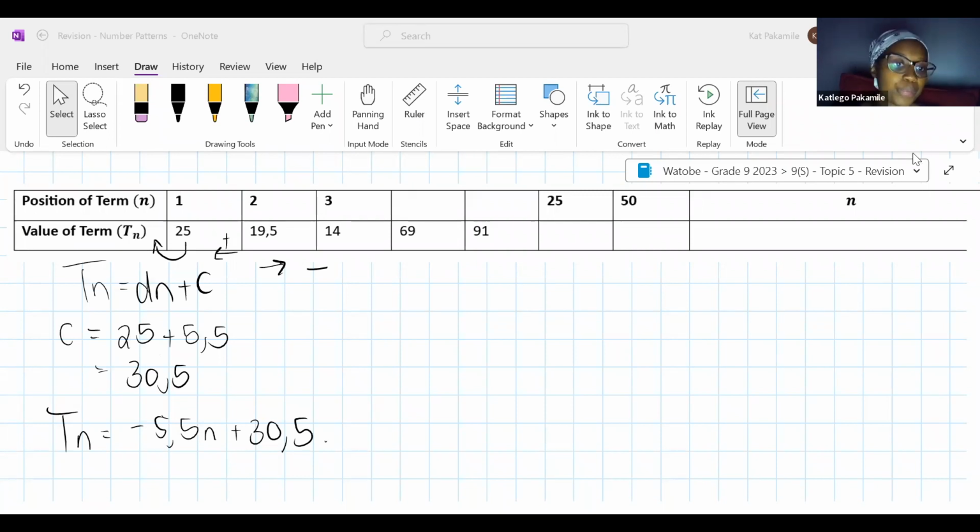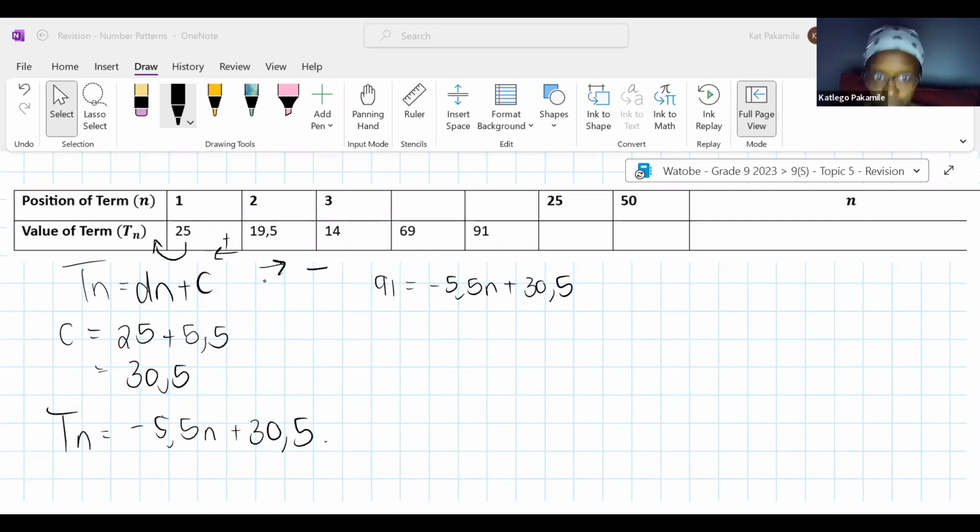Hello. Hi, ma'am. Can you hear me? Yes, I can. Okay. So I first wrote 91 equals negative 5,5n plus 30,5. Beautiful. Then I took the 30 to the other side, like I swapped them.